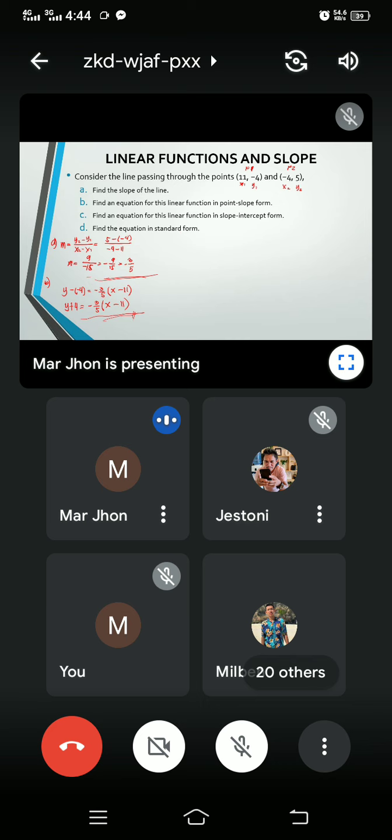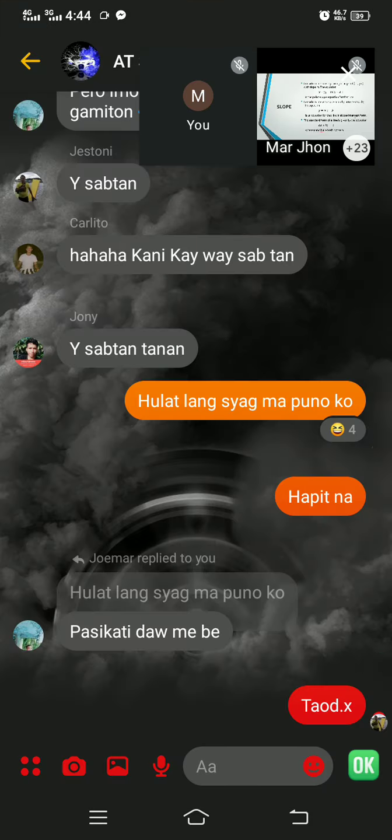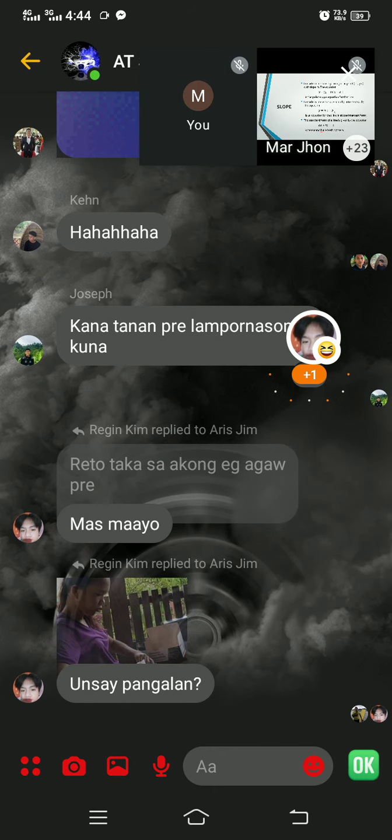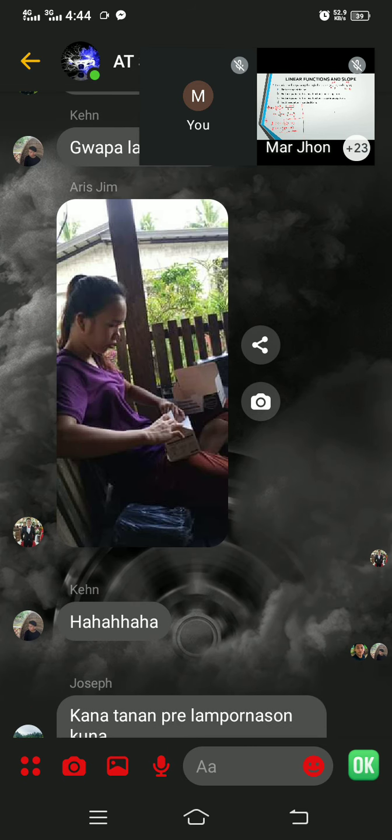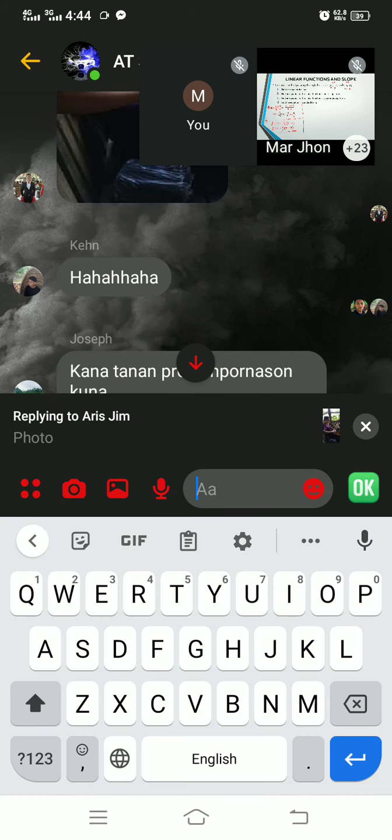Then, find an equation for this linear function in slope-intercept form. So, wala ta kabalo sa y-intercept, di ba? Okay, slope-intercept form. So, you are going to get or identify the y-intercept. So, from this equation, pwede na siya gamiton.